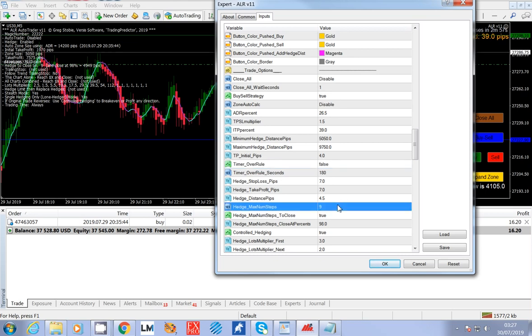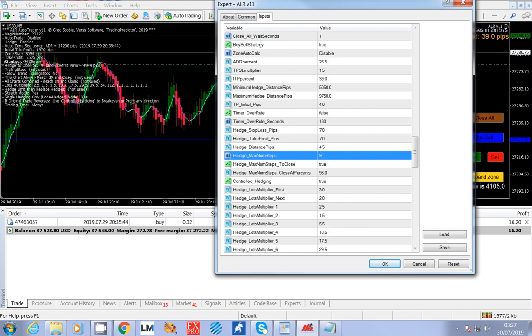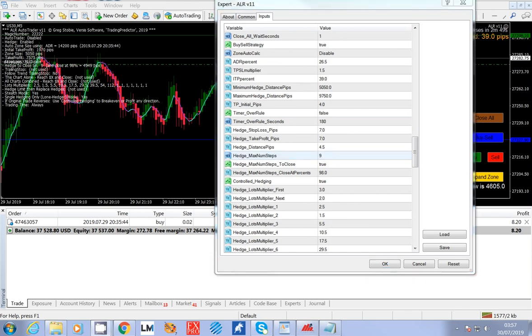Okay, maximum number of steps. The hedge max num steps is the number of hedges you want the ALR to go to. It also counts the initial trade order placed, so that's not a hedge, that's the initial trade, counted as one, and then all the other ones are obviously hedge orders.